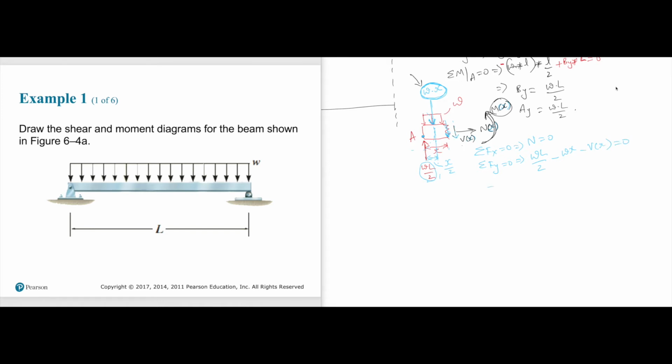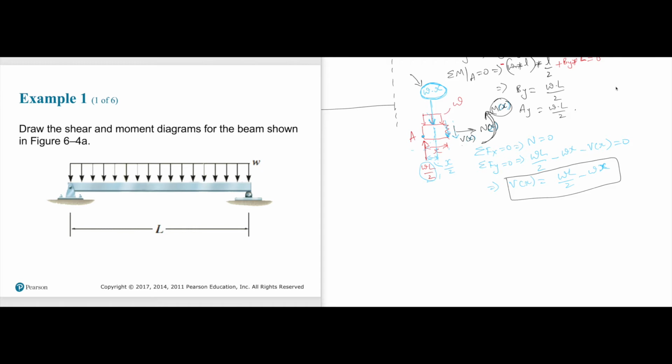So that implies, what do we get? We get V of X is WL over 2 minus W times X. So this is the shear force at the cross section that we made a cut, which is at X.